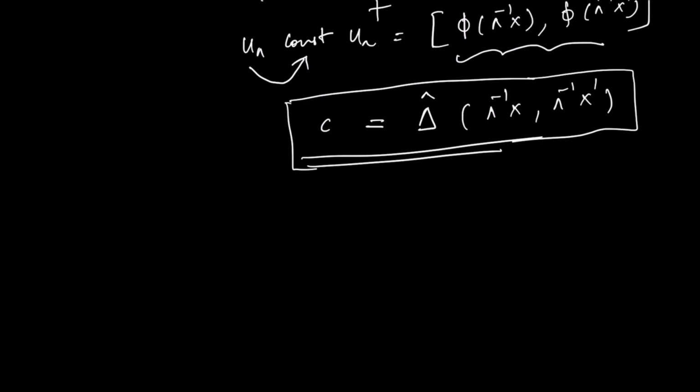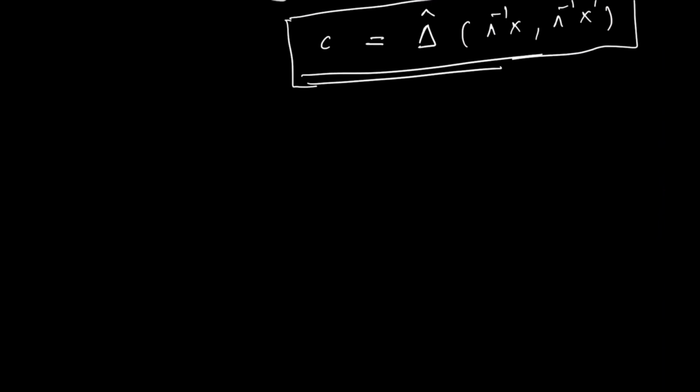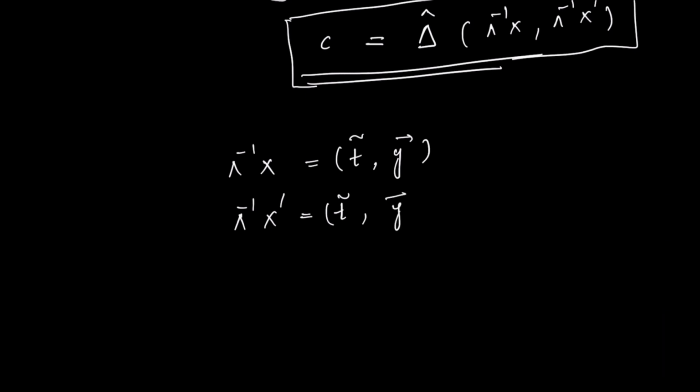For any space like separated x and x prime, we can always find some lambda such that if lambda is acting on x, then you get a time t tilde and x can become y. Now if it acts on x prime, then t tilde y prime.